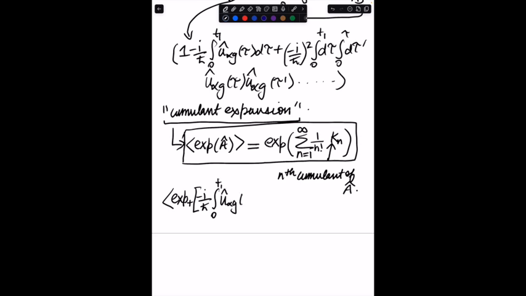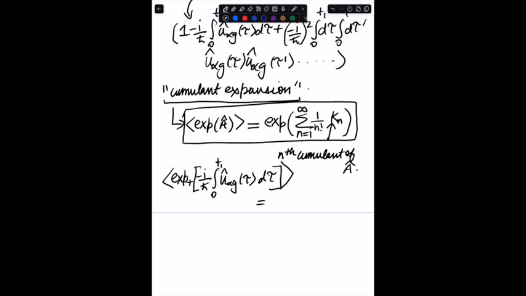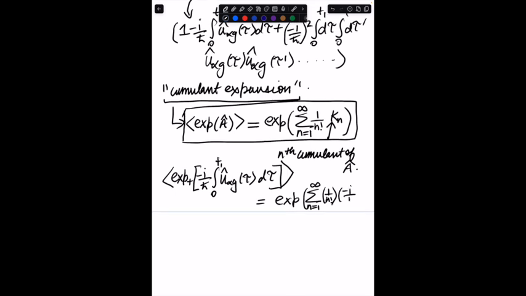of U hat alpha g of tau d tau, and you make an ansatz that this is equal to the exponential of the sum from n equal to 1 to infinity. I'm going to take 1 upon n factorial, and then I'm also going to write minus i upon h bar to the power n. You can do this or skip this, but I prefer taking the constant out and then we write it times k_n.